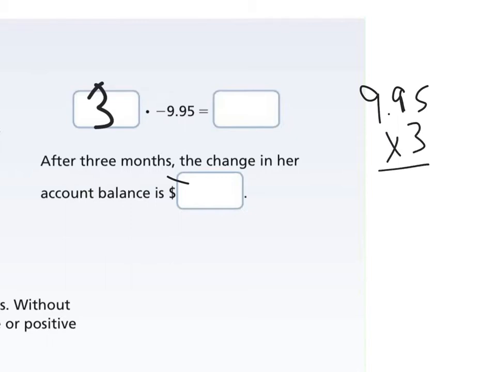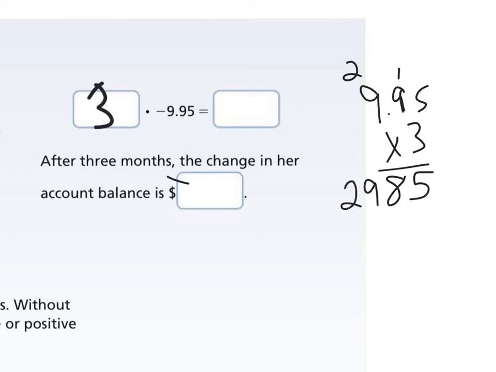Again, the decimals here don't need to be lined up because we're going to decide at the end where they need to go. If we multiply these, 3 times 5 is 15. 3 times 9, 27 plus 1, 28. Good. 3 times 9, 27 plus 2, 29.